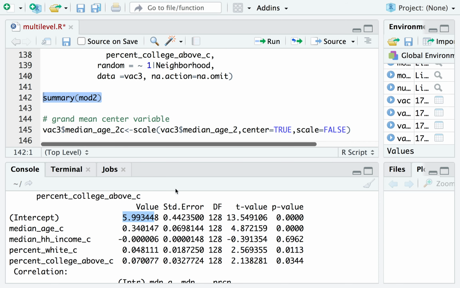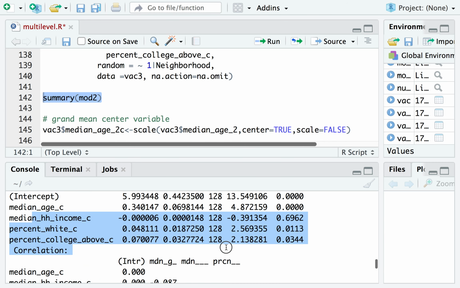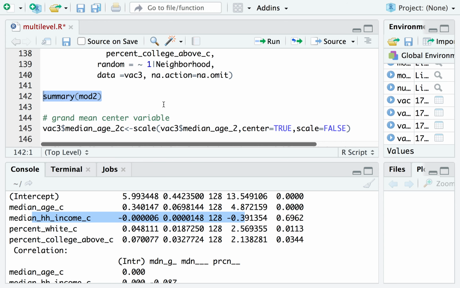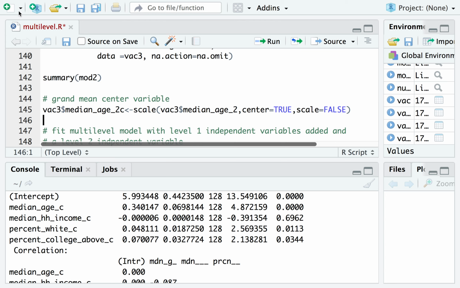And what we can see here is that all of the variables are significant except this one right here, median household income. So by accounting for this variability, we're able to find more predictive independent variables from our model.